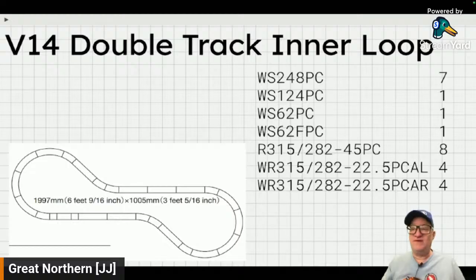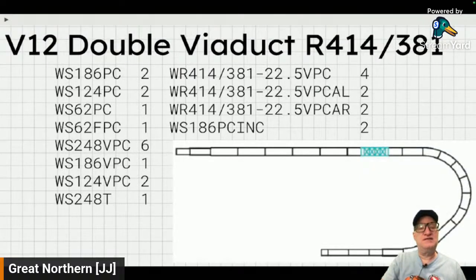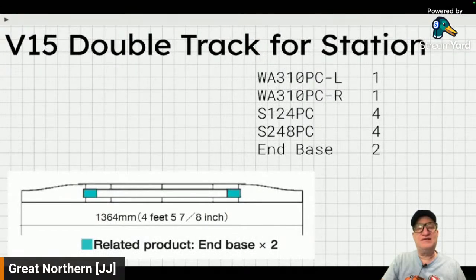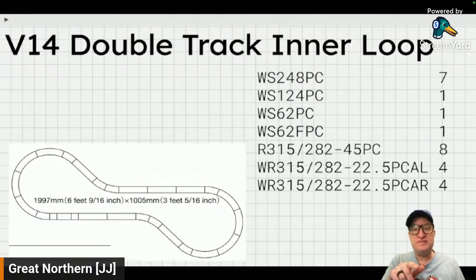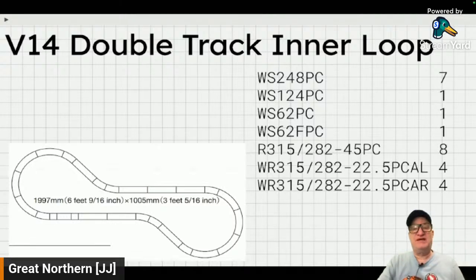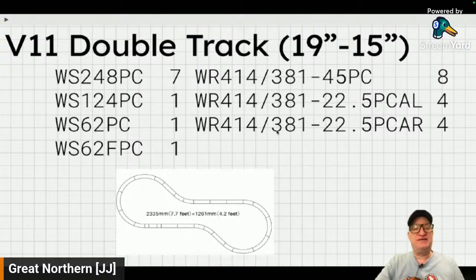So in theory, if you had 4 DC transformers and you have a V11 and a V14, you could have 4 trains running, and you could easily put that on a little bit larger piece of 4x8.